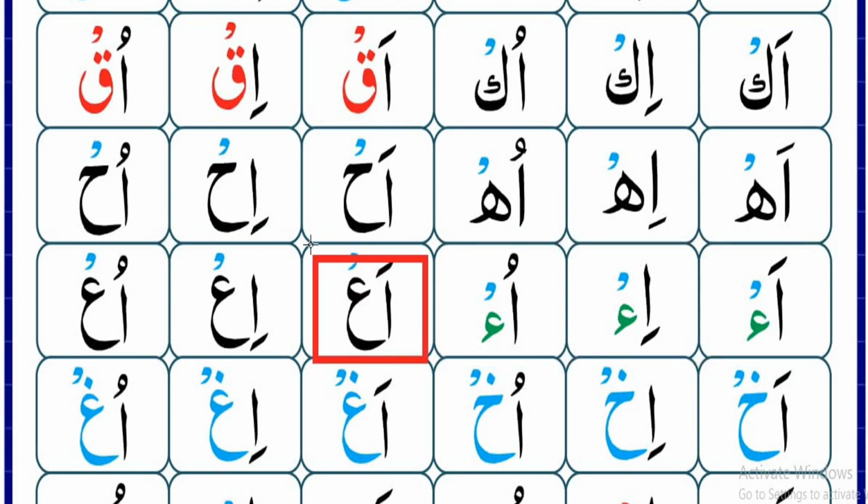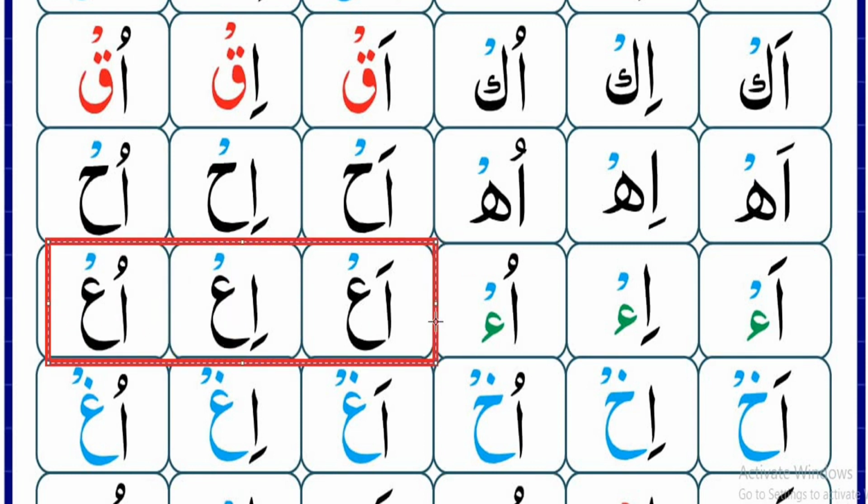And that's Hamza Ain Fatha, a. This is also a bit hard to read. It's always hard to read Hamza and Ain together, especially if Ain is Sakin. Hamza Ain Kasra, i. Hamza Ain Dhamma, u.